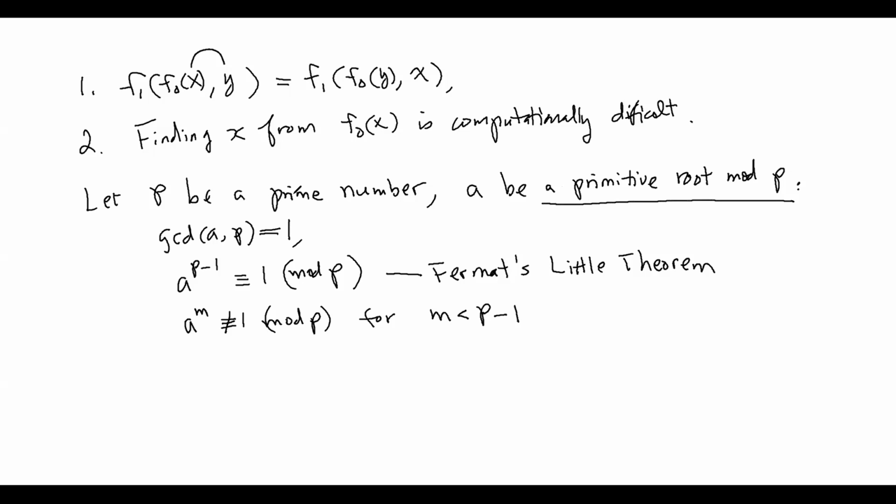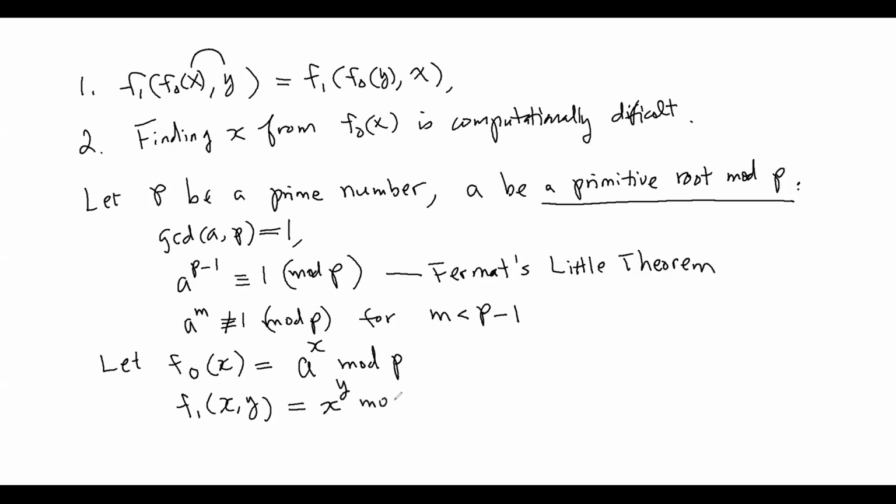Okay, so that is what it means by a primitive root mod P. Now we let P be a prime number and A be a primitive root mod P, and we let f0 of x be equal to A to the x mod P. So in other words, this function f0 takes variable x as input, and it has two parameters, A and P. And we let f1 of x, y, this one takes two variables, be equal to x to the y's power mod p.